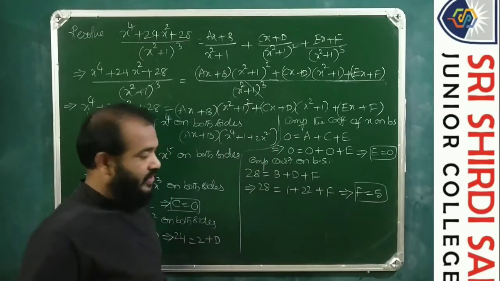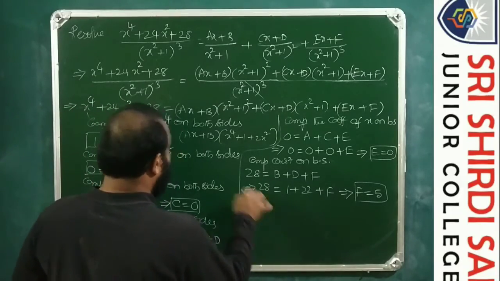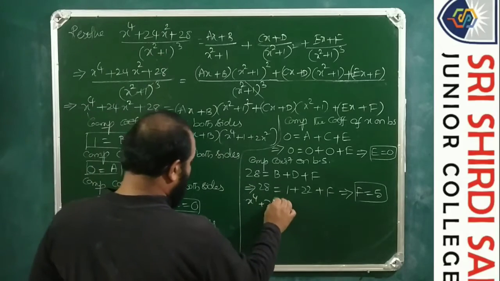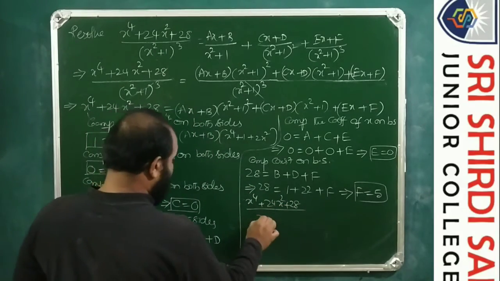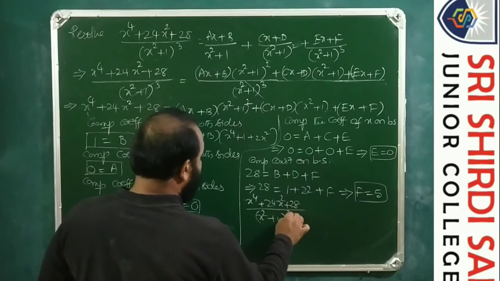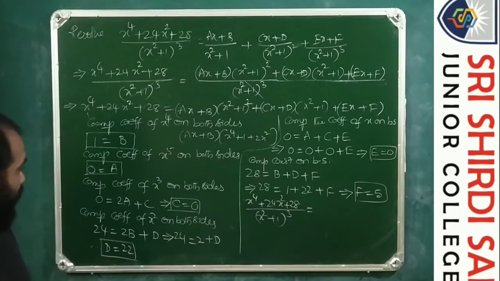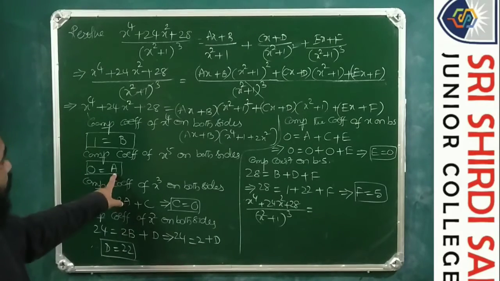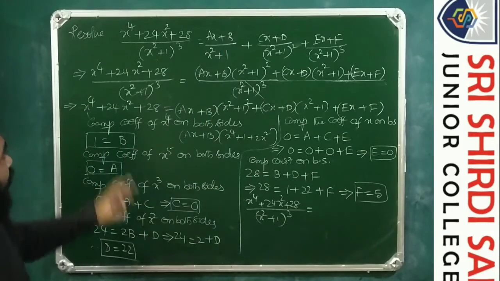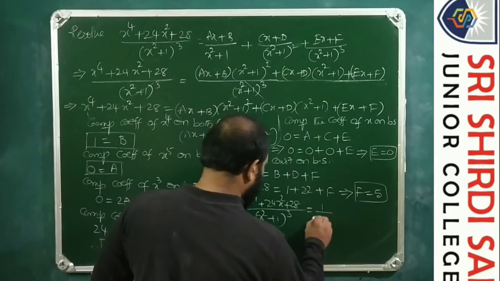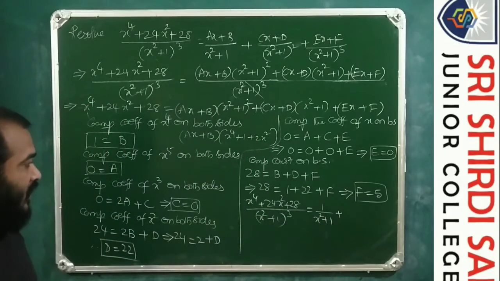Therefore, x power 4 plus 24x square plus 28 by x square plus 1 whole cube is equal to ax plus b. So the value of a is 0, 0 into x, b value is 1. So 1 by x square plus 1 plus cx plus d.